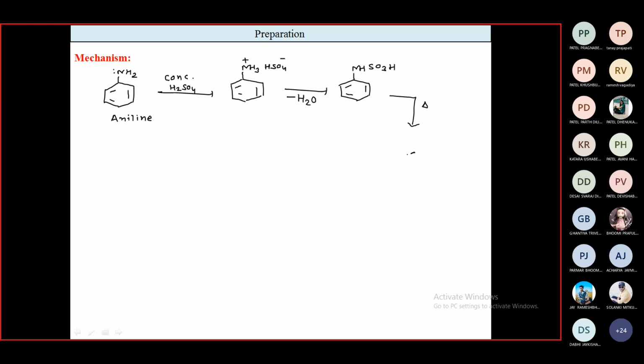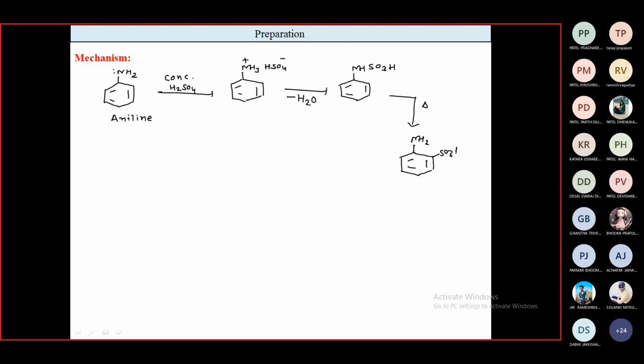So SO3H gets migrated from the NH2 to the ortho position.